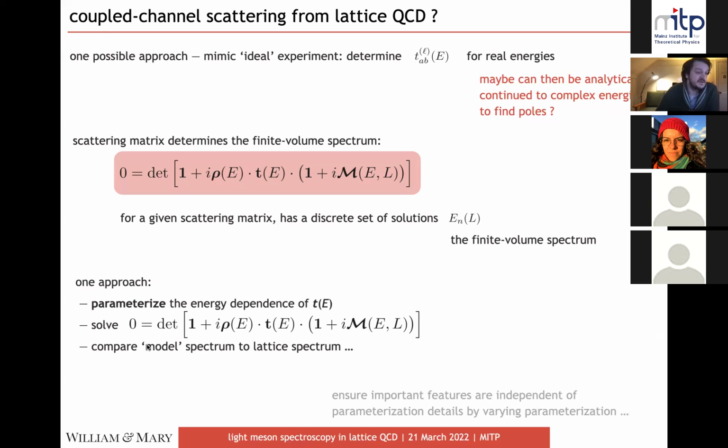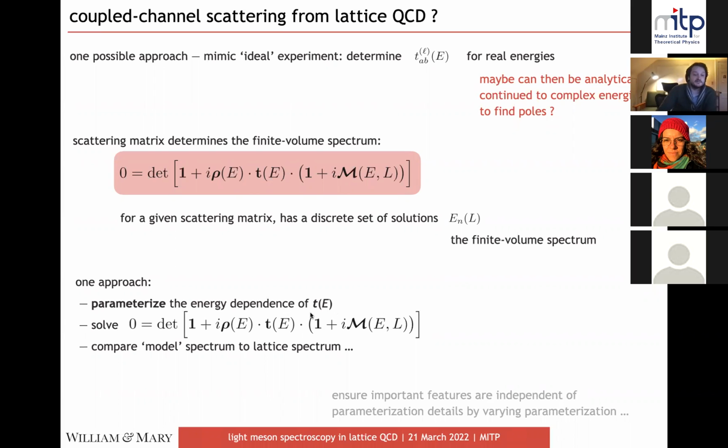The difference between those defines a chi-squared, and you can then vary the parameters in your parameterization until the chi-squared is minimized and your two finite volume spectra, your model one and your lattice QCD computed one, are in agreement. And that's your best estimate for the scattering matrix.